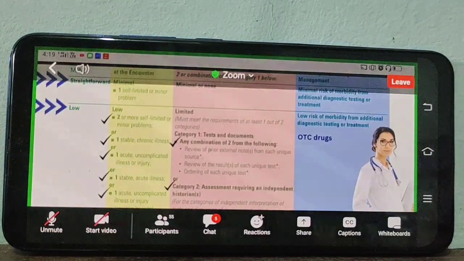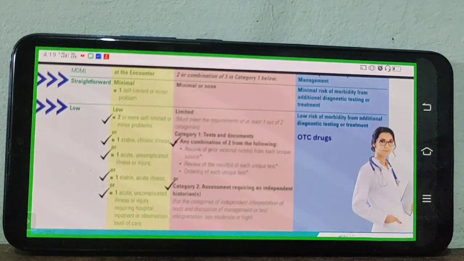Independent historian is nothing but the patient attendant. For example, the patient is a 3-year-old baby. Can the baby explain the disease condition to a doctor?